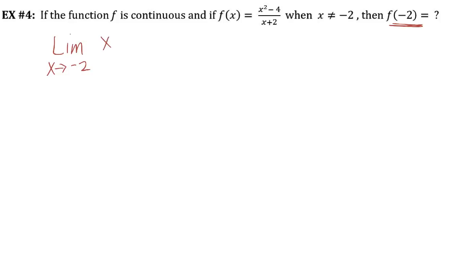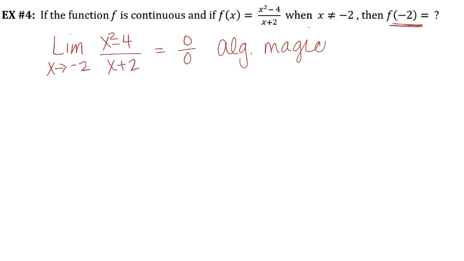Well, x squared minus 4 over x plus 2, if I sub in that -2, I'm going to get 0 over 0. And that is what we called algebra magic. We had to go factor and do some canceling.